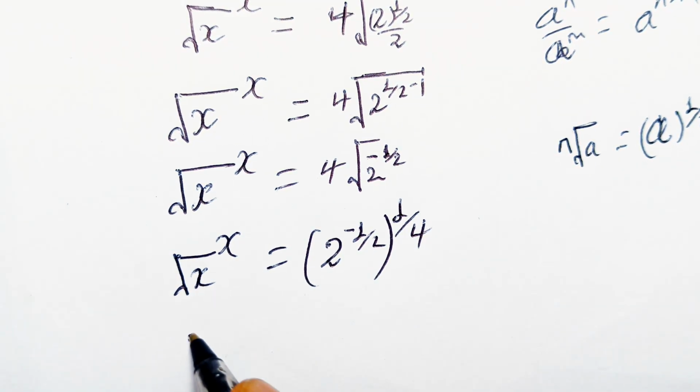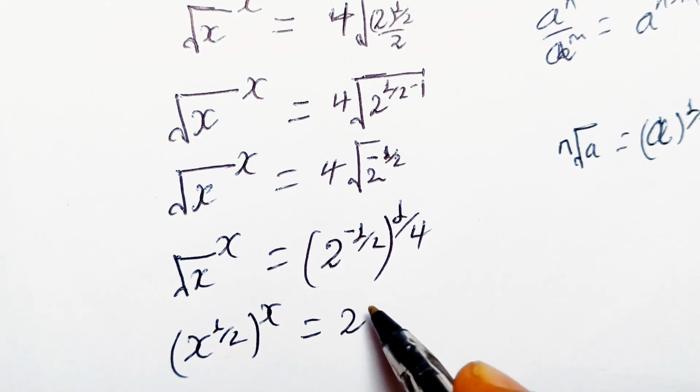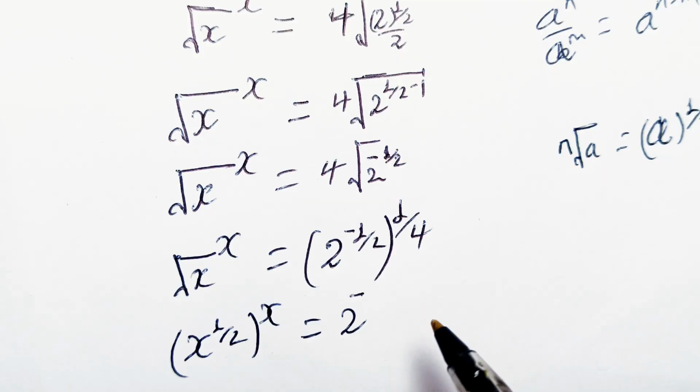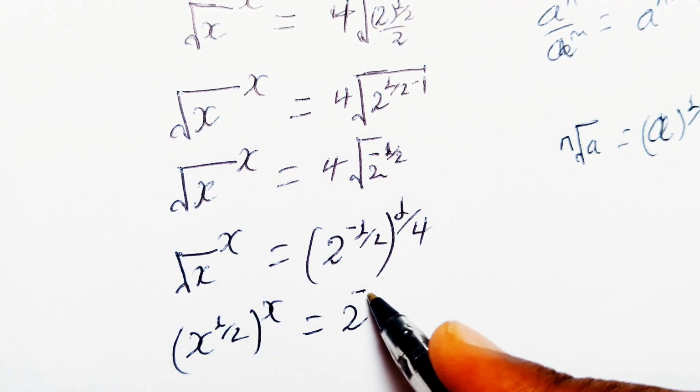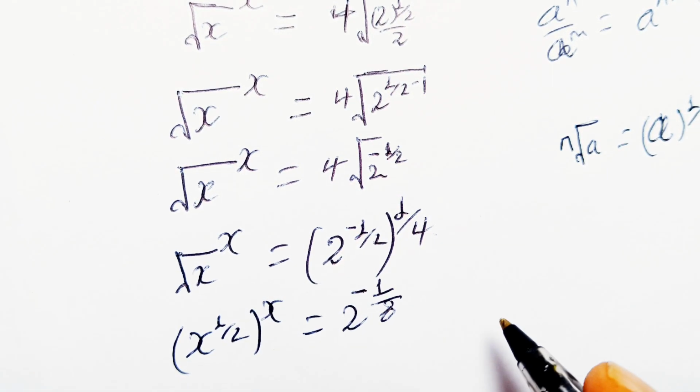This can also be written as x to the power of 1 over 2 x, which is equal to 2 to the power of minus, times 1 over 8.